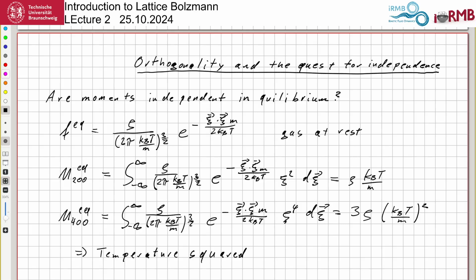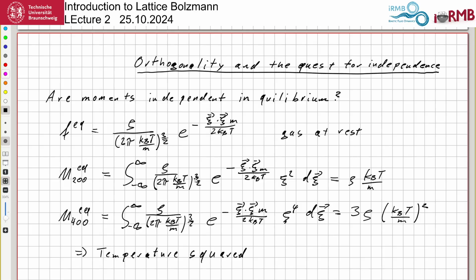And this could be understood as a little bit disappointing, because the other moment does not give us any more information. This is of course the case because we are looking at equilibrium, where no more information actually is in the system. But suppose we are not in equilibrium, then also the fourth order moment obviously depends on the second order moment.